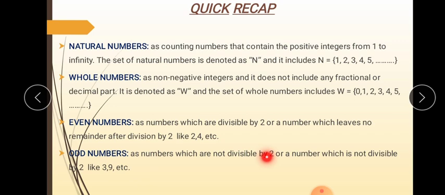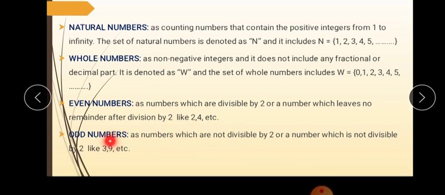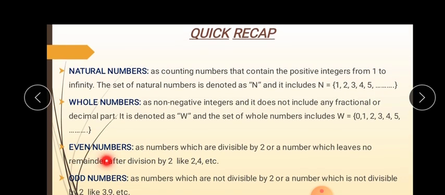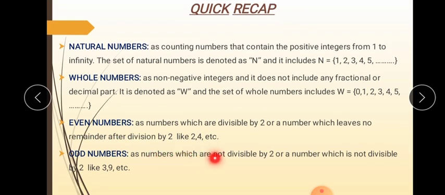So, the numbers which we cannot divide by 2, or the numbers which on division by 2 will give a certain remainder, those numbers are called as odd numbers. Some examples are given: 3, 9, etc. So these numbers we cannot divide by 2.